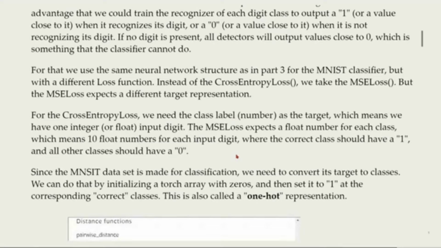For the cross entropy loss, we need the class label number as a target, which means we have one integer for each input digit. The mean squared error loss expects a float number for each class, which means 10 float numbers for each input digit, where the correct class should have a 1 and all other classes should have a 0.